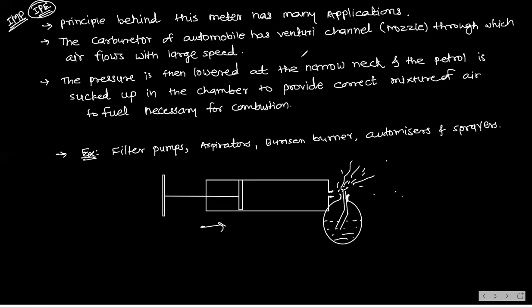There will be one Venturi channel, a nozzle, through which air flows with large speed, and then fuel is sucked up, which gives the correct mixture of air and fuel to the engine. That is the principle behind the carburetor. So they may ask you this in the exam. This is the sprayers or atomizers diagram which I have drawn below.